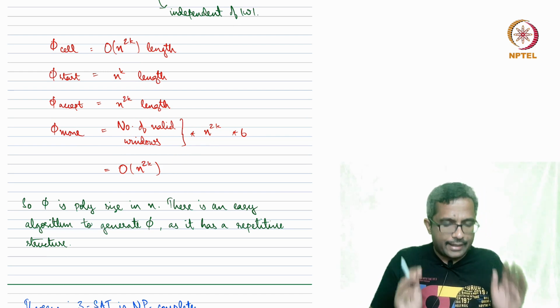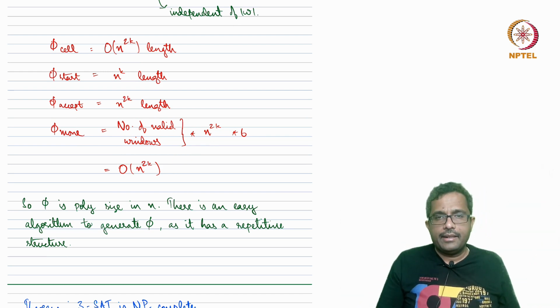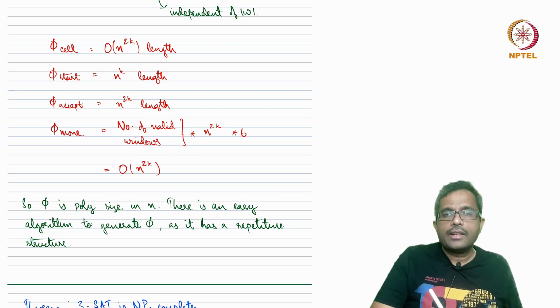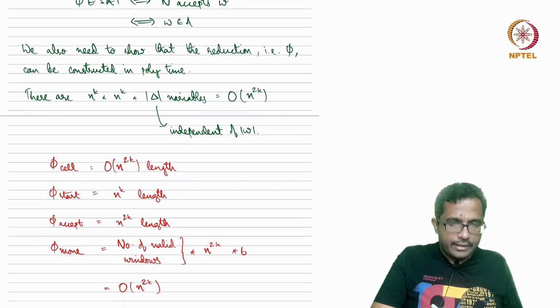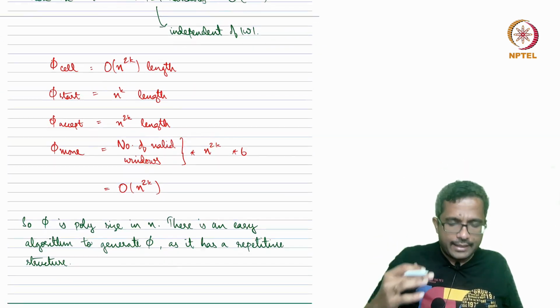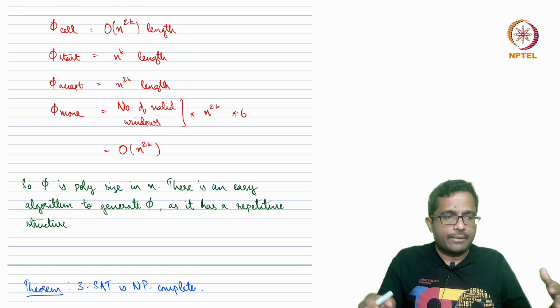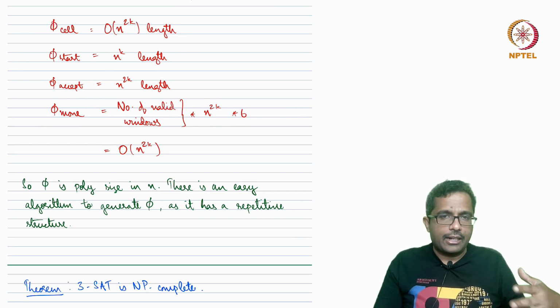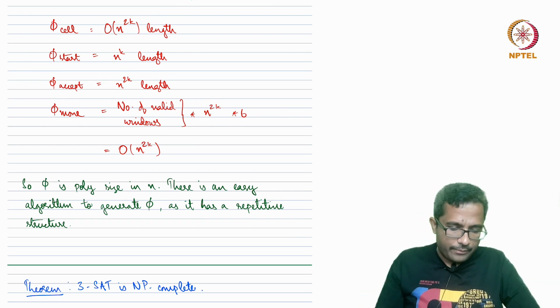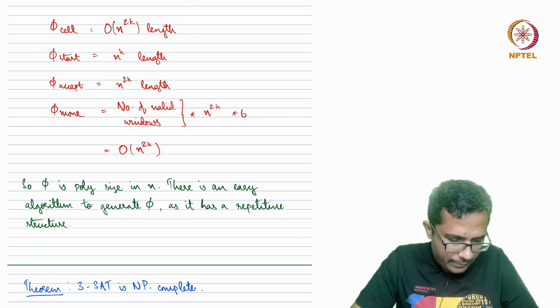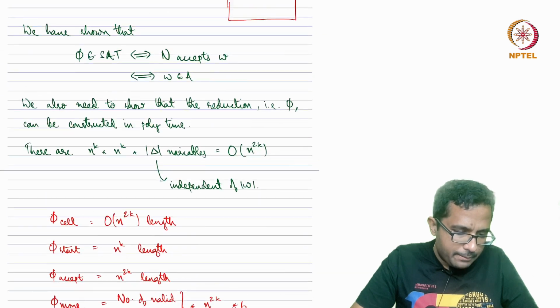So the size of the formula is polynomial in n. And as we noted, they are all very concise descriptions, which means we can easily write an algorithm with some for loops to generate this formula, because it has a very repetitive structure, right?